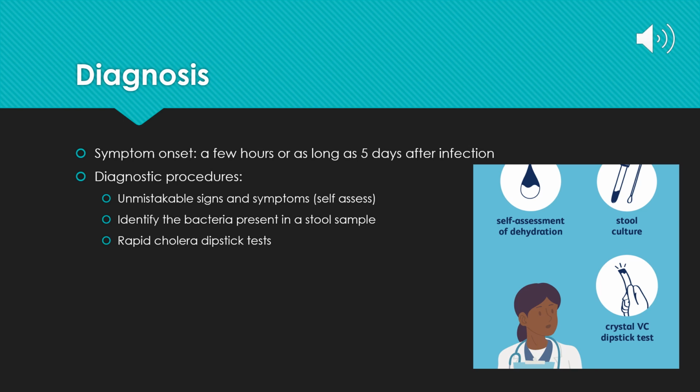If the symptoms aren't present or aren't as severe, a stool sample can be taken and tested for Vibrio cholerae, the bacterium causing cholera. The rapid cholera or VC dipstick test accomplishes the same task of identifying the bacteria in the stools. The benefit of the test is the speed and ability to be completed virtually anywhere.